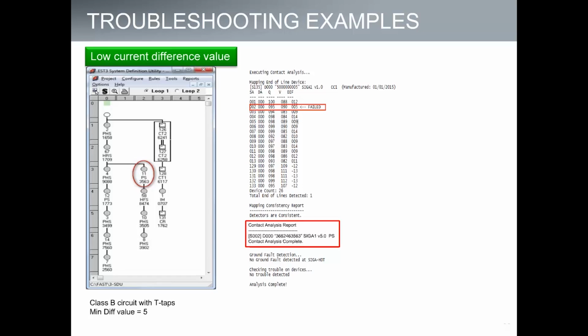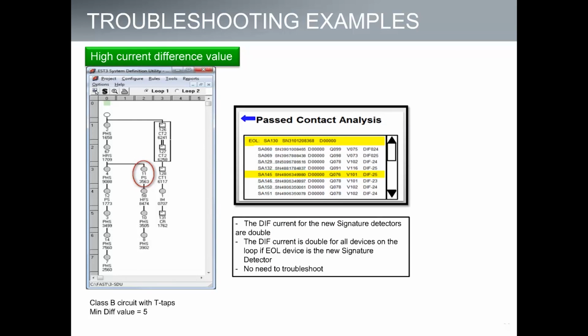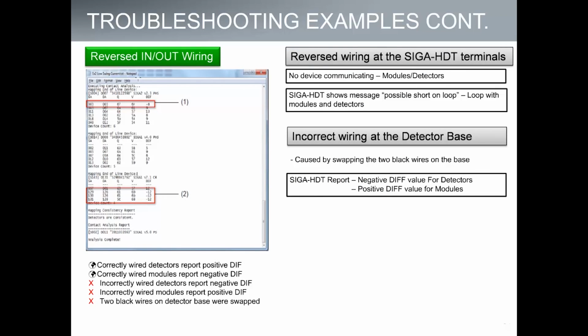Here we provide some examples of some additional troubleshooting that the HDT can perform. We show a low current difference value related to a detector. The tool will also perform a high current difference value. It can check for reversed in and out wiring at your devices.